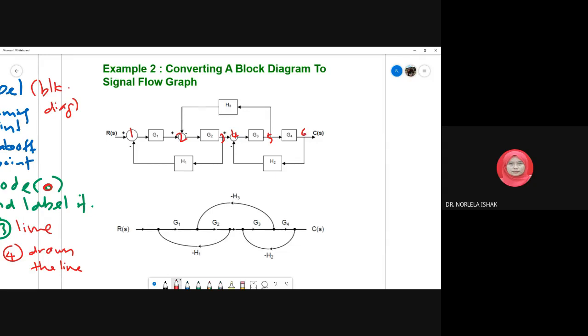Is it correct? 1, 2, 3, 4, 5, 6. Okay, we have 6. So we have to label number 1, number 2, number 3, number 4, number 5, number 6. Okay, class?